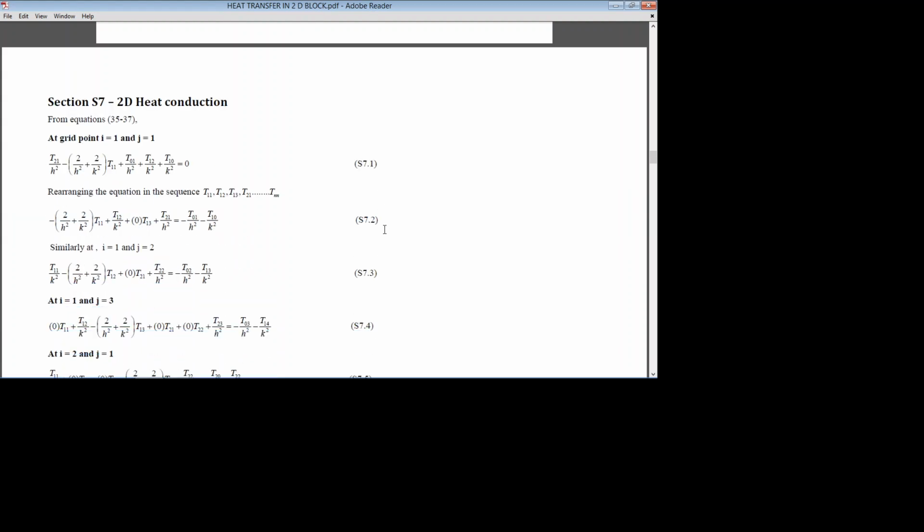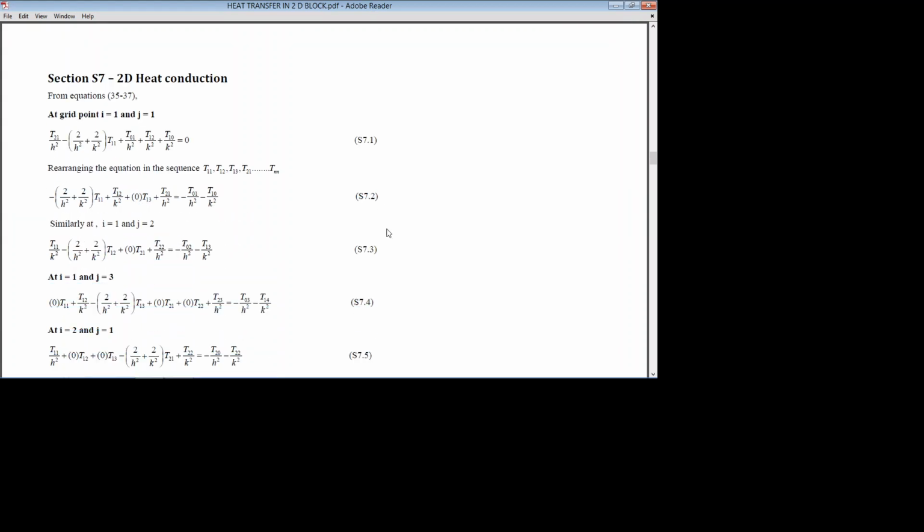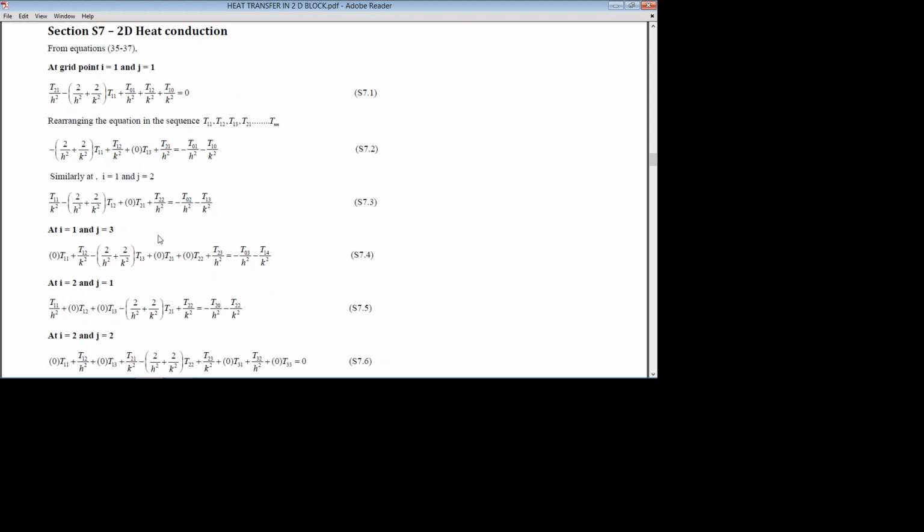Now let's see how to generate this matrix. This matrix can be generated by substituting i equal to 1, j equal to 1. So you'll get this row, where we are getting these zeros, these are already known to us. Now we substitute i equal to 1, j equal to 2, we get another equation.